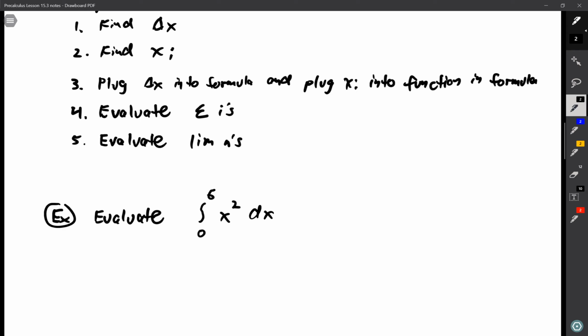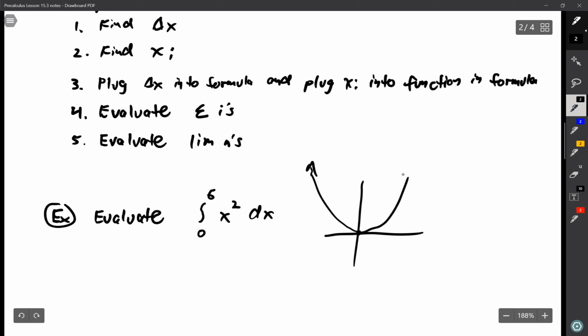So here's roughly what we're looking at. The parabola goes like that, right? So we're going out to 6 here, and we're finding that area like that. Okay?